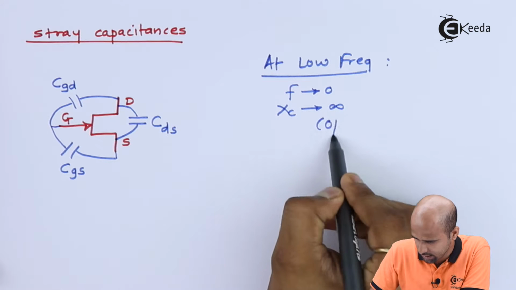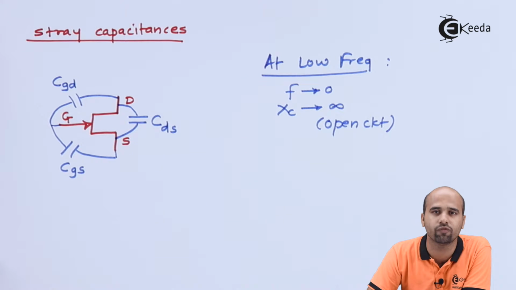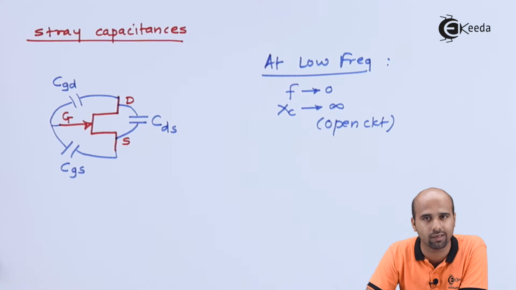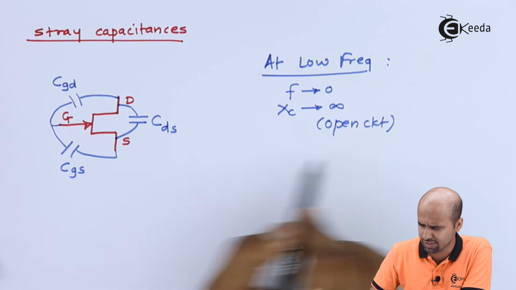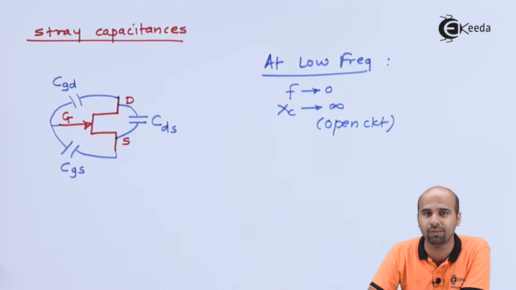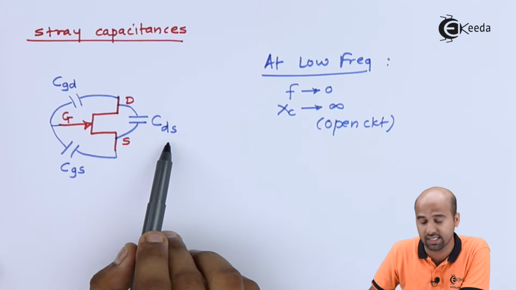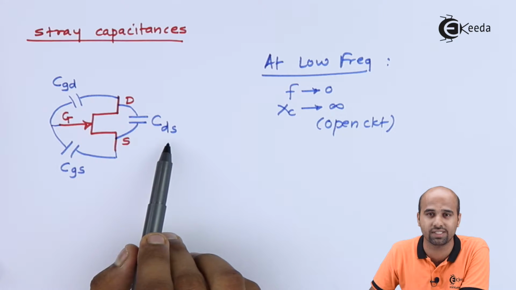So we can say this is open circuit, and that's what we want for the amplification circuit, right? So for low frequency cutoff, I don't need any parameter such as CGD, CGS and CDS values for the designing.